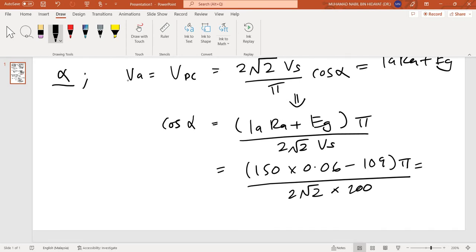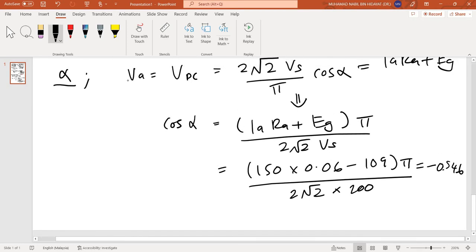It's around minus 0.5046, and your alpha is cos inverse of minus 0.5046. So it's around 120.3 degrees.